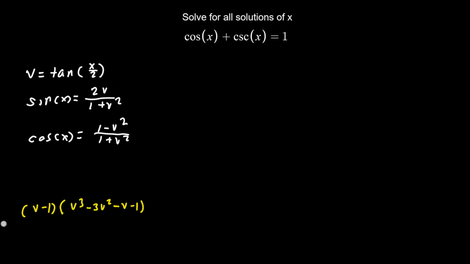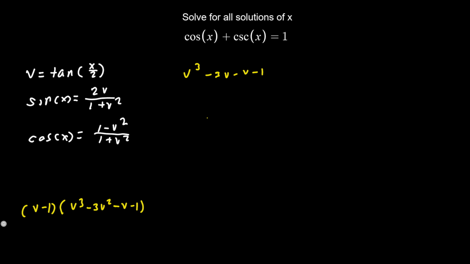And now that we have a cubic, we're going to go ahead and solve this cubic, which unfortunately does not have a rational root. So we're going to solve it using Cardano's method or just any other method. So we have v cubed minus 3v squared minus v minus 1.